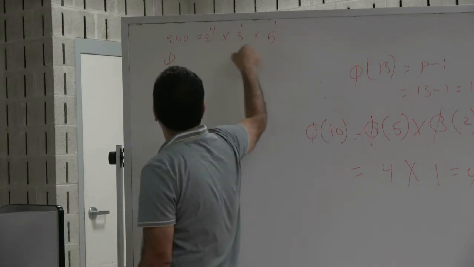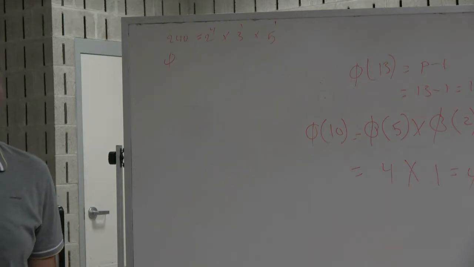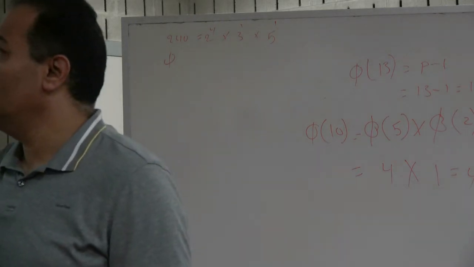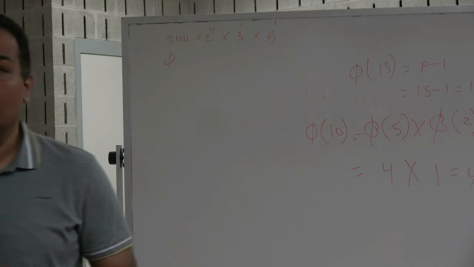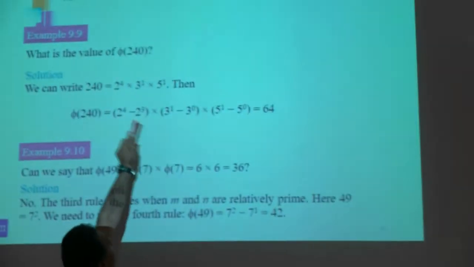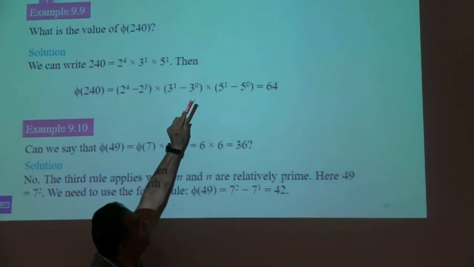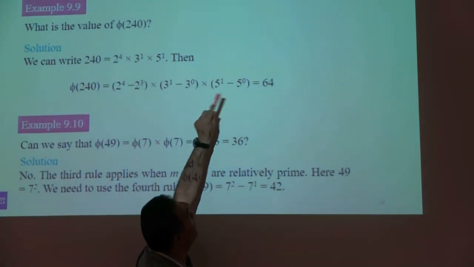So I was able to factor it into 3 primes, right? So which rule do I have to use? The third rule, right? What does the third rule say? 2 to the power 4 minus 2 to the power 3, multiplied by 3 to the power 1 minus 3 to the power 0, and then 5 to the power 1 minus 5 to the power 0.